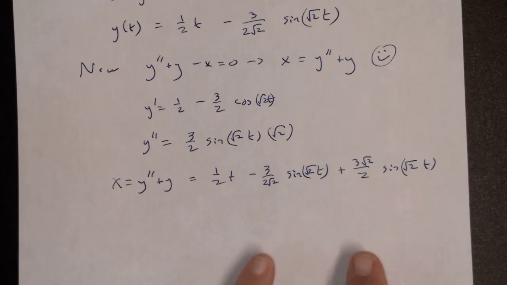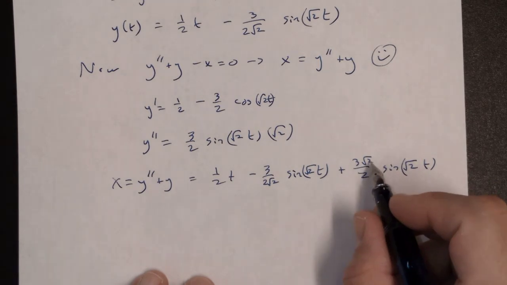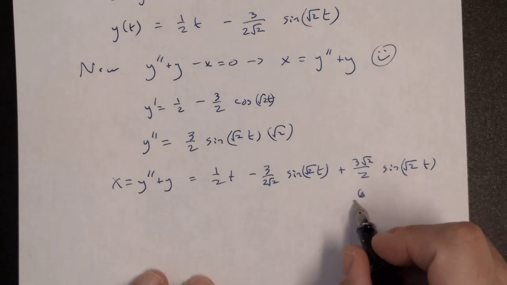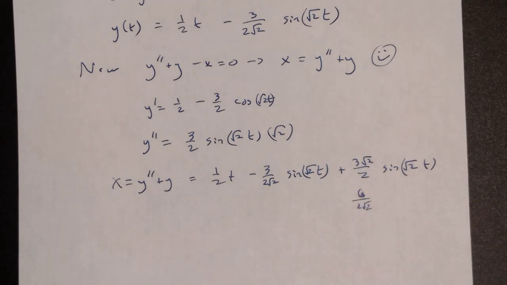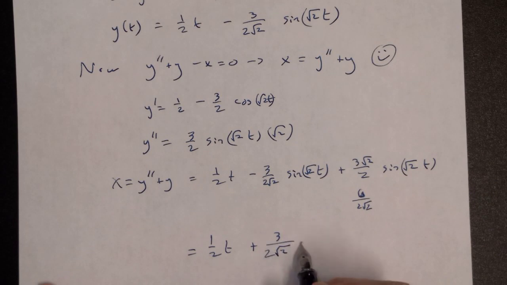I have to have a common denominator first. So that means I multiply this by root 2 over root 2, which makes that 3 times 2, which is 6 over 2 root 2. Which means I get 1/2 t plus 3 over 2 root 2 sine root 2t.